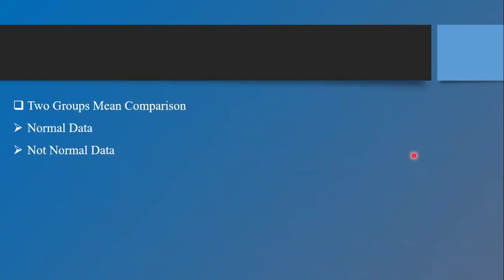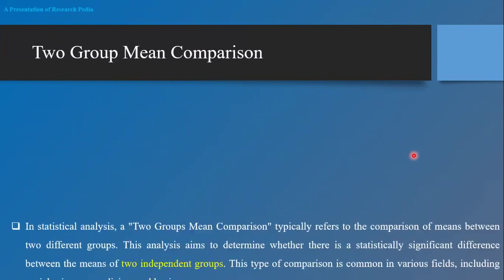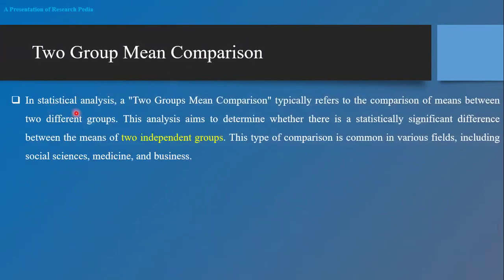So today we will cover two group mean comparison for our analysis. Let me start. What is two group mean comparison? In statistical analysis, a two-group mean comparison typically refers to the comparison of means between two different groups.